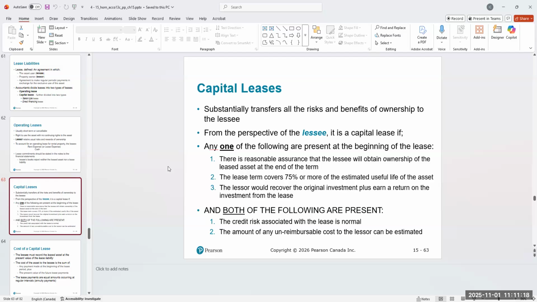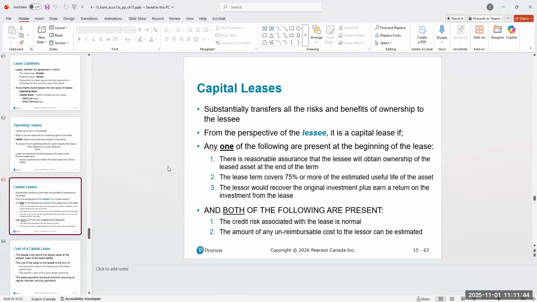That means you're treating the lease as a capital lease. Let's say this one is not met. First, there's no reasonable assurance that the asset is going to be transferred to the lessee. Second, the useful life is 10 years, and we're using the asset only for 7 years. So it doesn't cover 75%, it covers 70%.